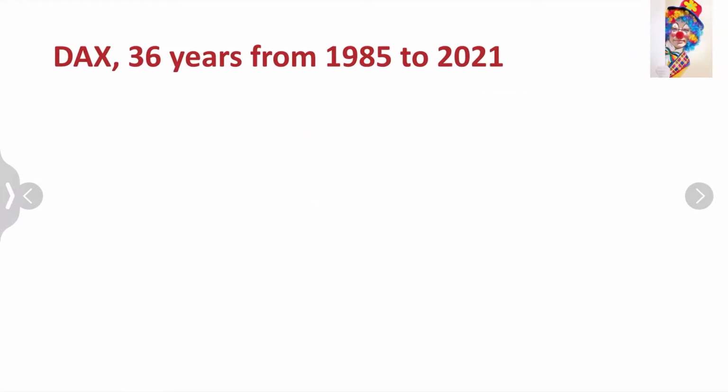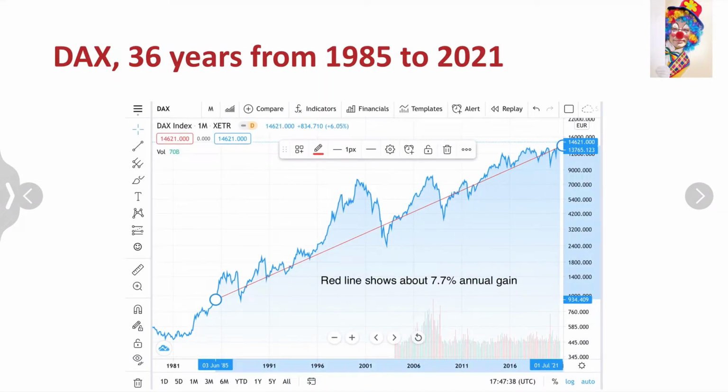And let's go to the German stock index. 36 years from 1985 to 2021. And what we see here is a graph from the website tradingview.com. So you see here the timeline from 1985 to 2021.